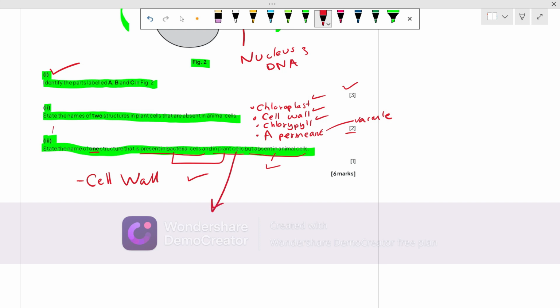Plant cells have a cellulose cell wall, and bacterial cells usually have a peptidoglycan cell wall.